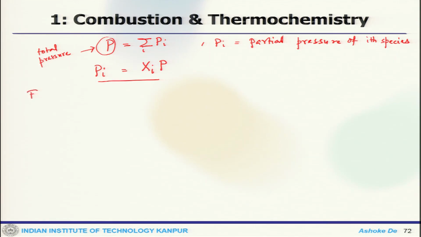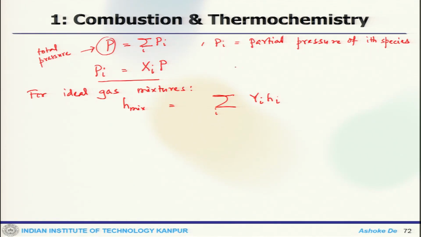Now, we are dealing with an ideal gas mixture. So, for an ideal gas mixture, you can get the mixture enthalpy, which will be the summation over all the species i of the individual mass fraction of that species times Hi.